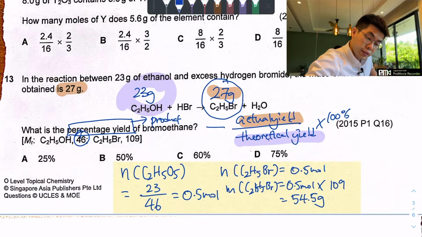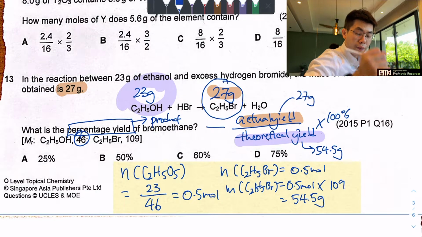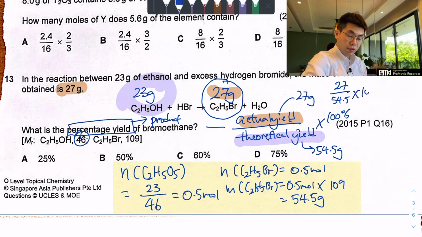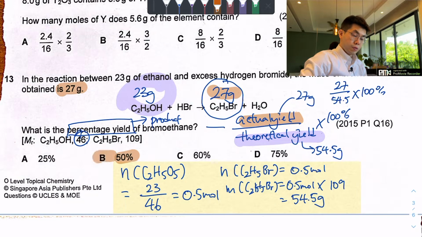The theoretical yield is 54.5 grams, but in this reaction only 27 grams came out. So the yield is 27 divided by 54.5 times 100. You may notice it's a very nice number: 50% yield. So the answer here is B.